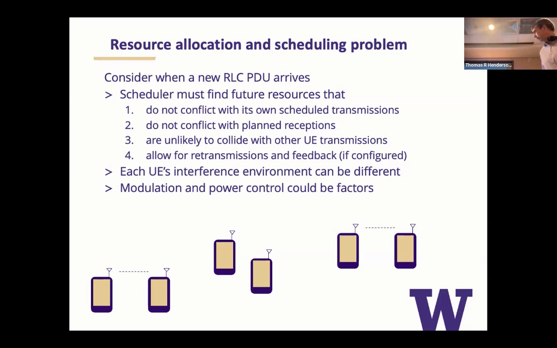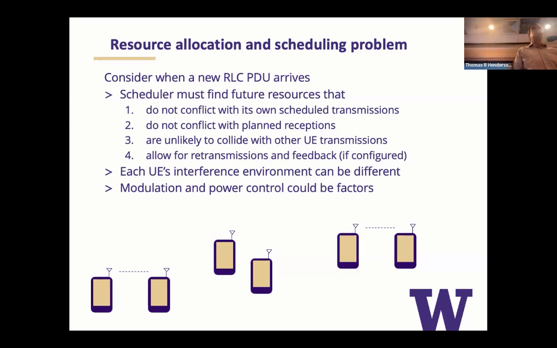But because of the proximity of these nodes, they're not able to reuse the same resources because it would cause interference. So just keep in mind that the problem we have is that everyone's view of the network and the interference that exists in the network is somewhat unique, and that has to be accounted for in the algorithm.